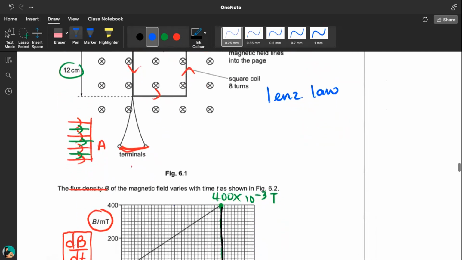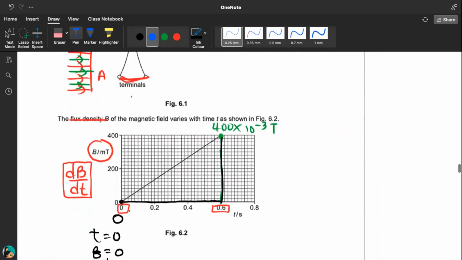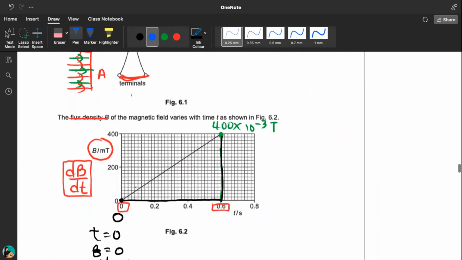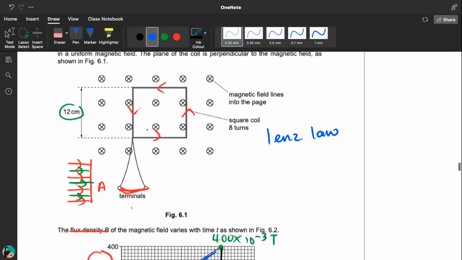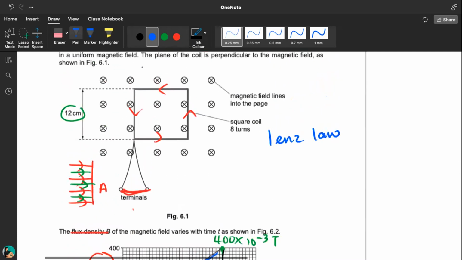Now, you see the graph, from 0 to 0.6 second, what is the change of my flux? Is it an increase or decrease? This is an increase. The flux increases. So the way you think of it is like this. This diagram is the front view, right? Let's see the side view.